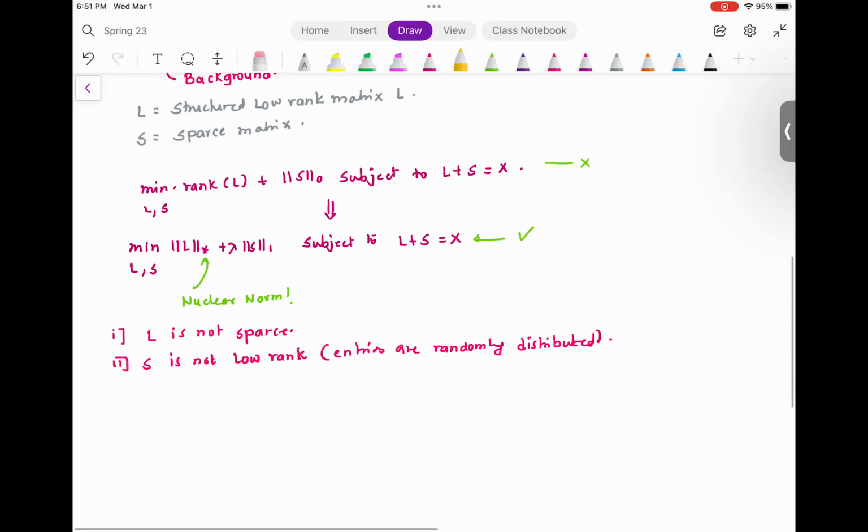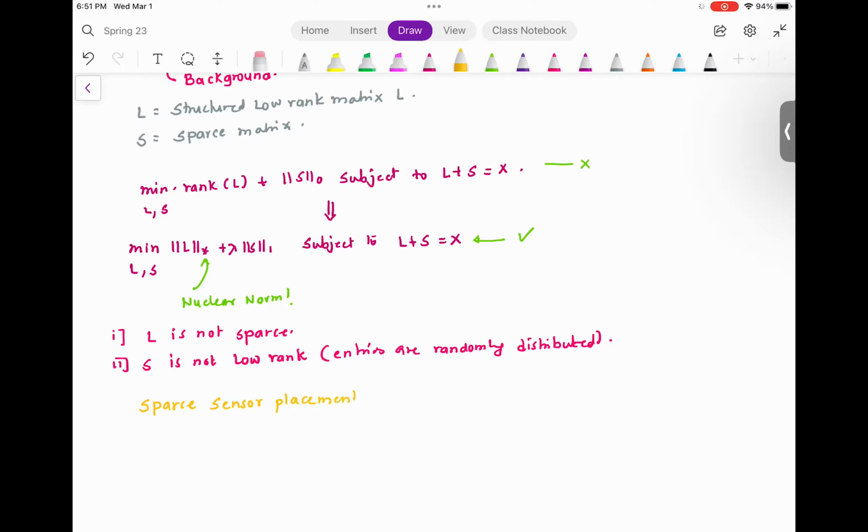The last part, which I want to touch upon briefly, is sparse sensor placement. And then I will show you the code. Now, what is this sparse sensor placement?